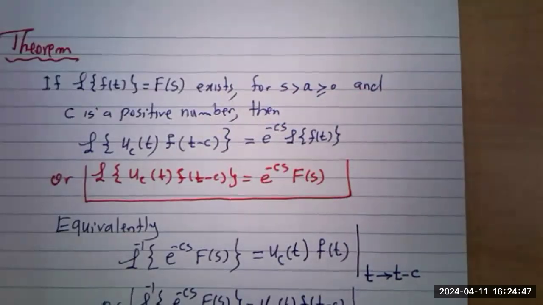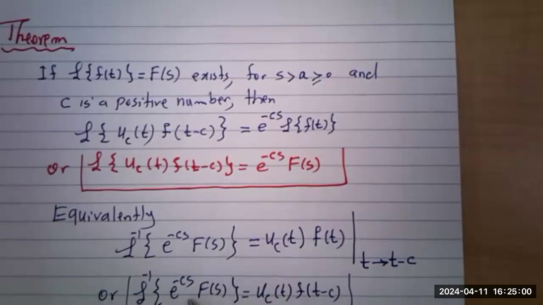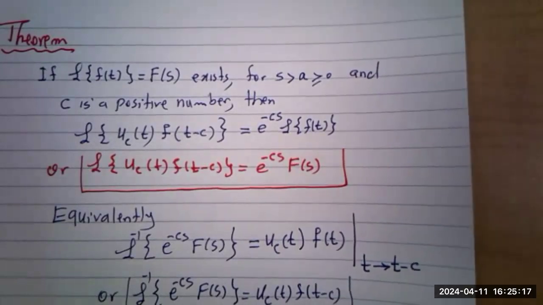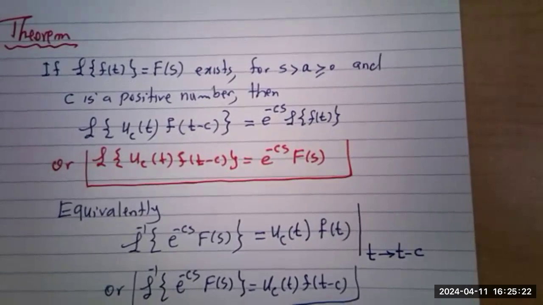In the inverse format, if you are given a function of this form, where you see this e to the negative cs, you will find out this must be related to the unit step function. So I'm going to give a couple of examples. The problem is mostly going to be finding the inverse of this, and then we are going to see how we use it when solving a differential equation. Okay, so let's go for it.